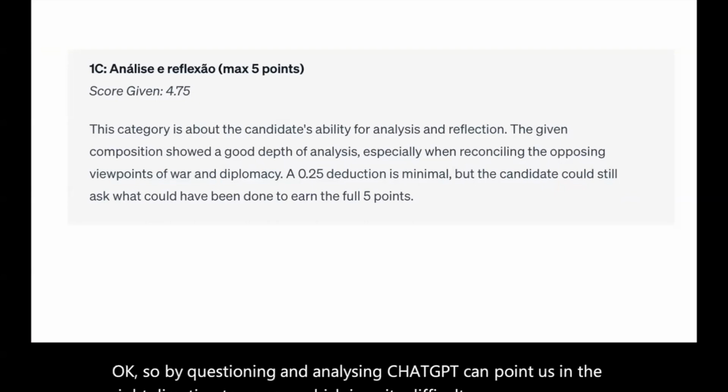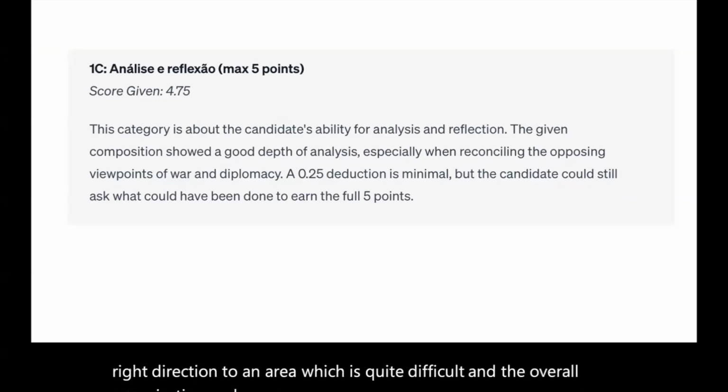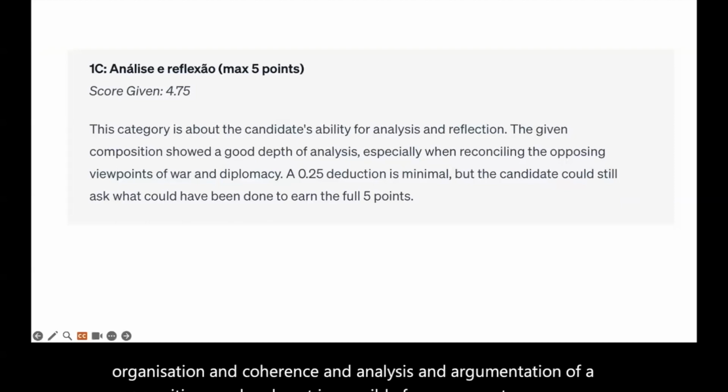The overall organization, coherence, analysis and argumentation of a composition can be almost impossible for someone to judge, and ChatGPT can help a lot. Okay, right then. So now go ahead and do the analysis for your composition this year if you got to phase 2.